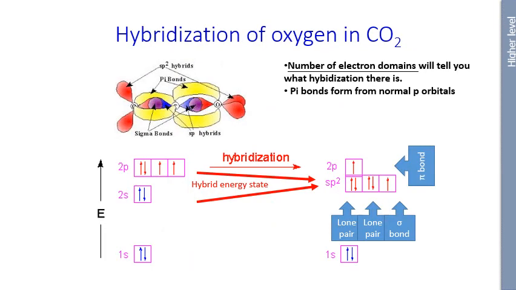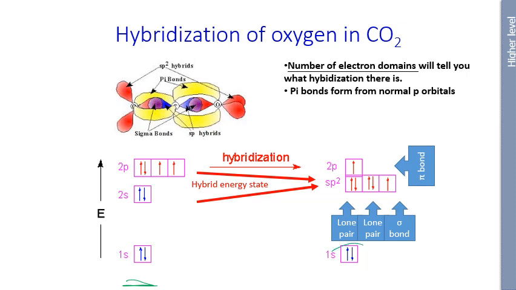Okay, so if we look at the hybridization of oxygen in carbon dioxide, we look at the molecule already. The number of electron domains will tell you what the hybridization is. Okay, and pi bonds form from normal p orbitals. So we start off with the ground state of the oxygen, which is 1s2 2s2 2p4, and then we get the hybridization and hybrid energy states.